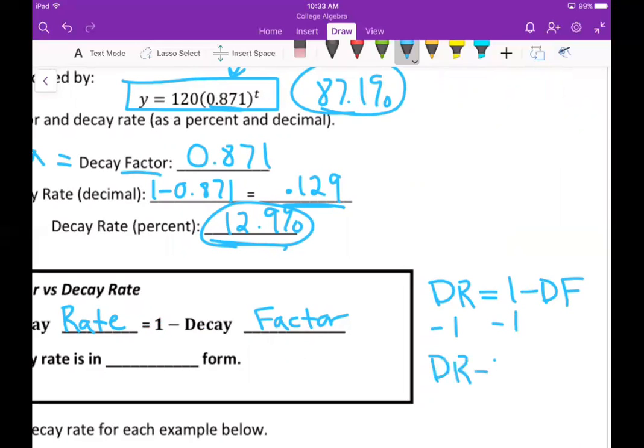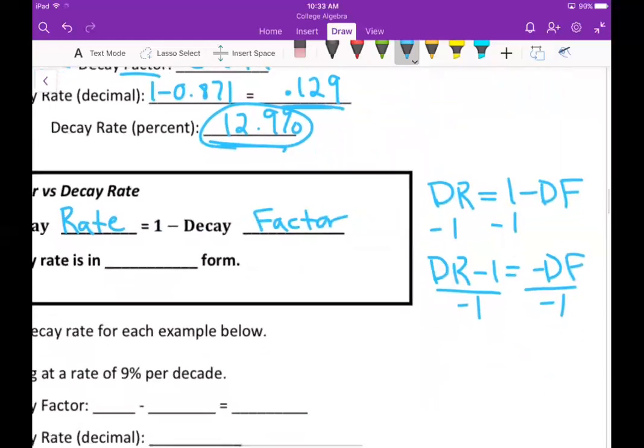That means decay rate minus 1 is the negative of the decay factor. So divide by -1 here, and something cool happens, which is that when we solve for decay factor, we end up with negative decay rate plus 1, which is actually 1 minus decay rate is decay factor.